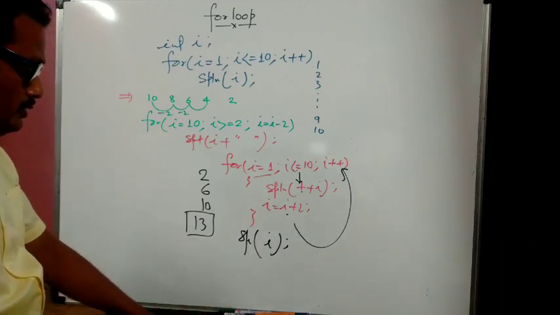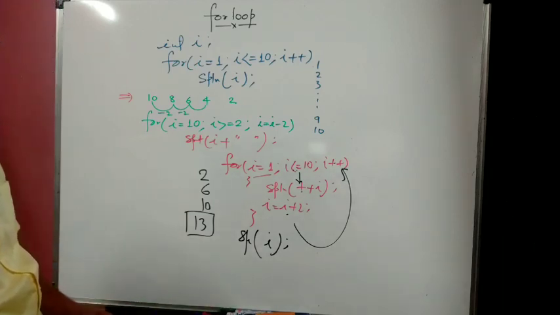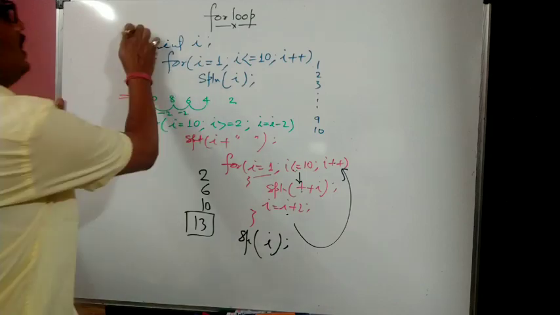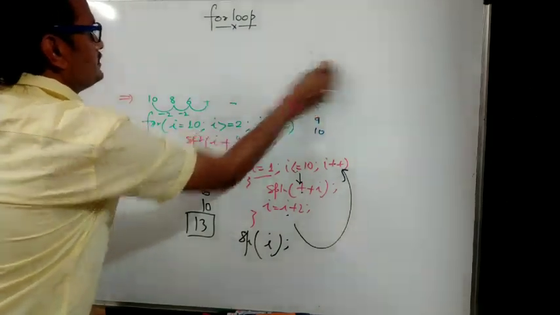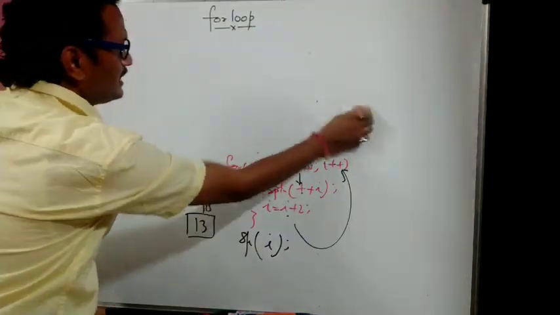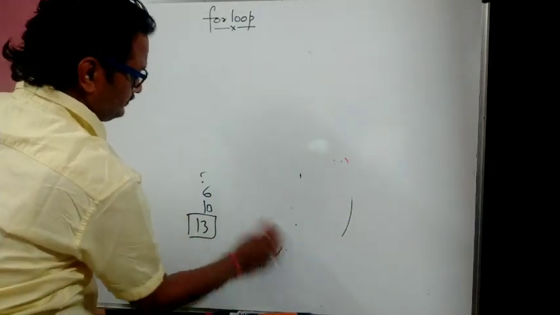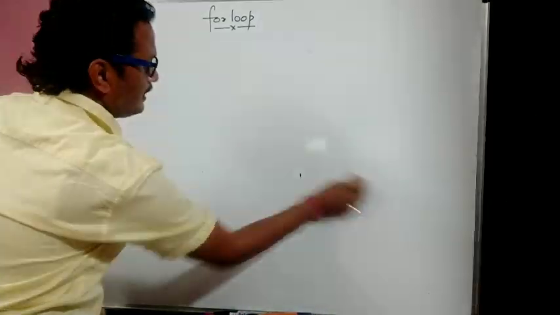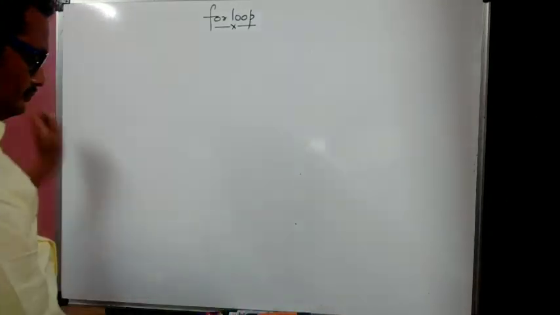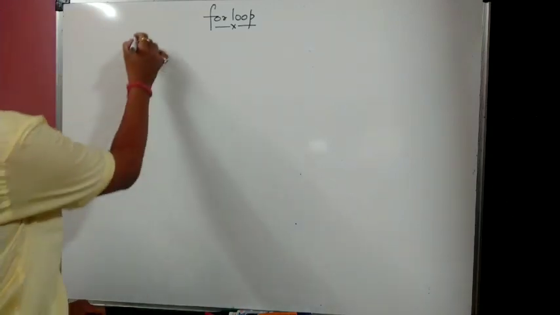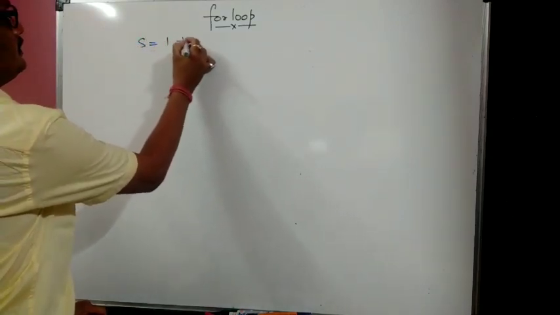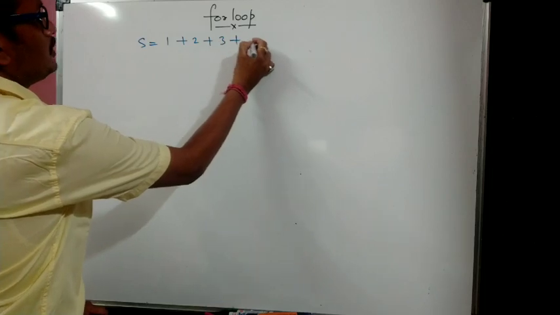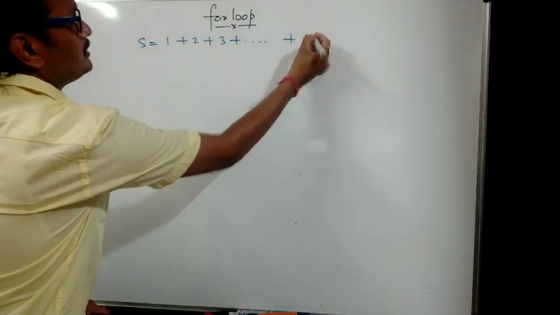Now today I am going to explain about some series related for loop. How to do series. The series part you already did in class 7 using QBasic. I hope you children remember that. Series means, suppose here is S = 1 + 2 + 3 + ... last value is 10.